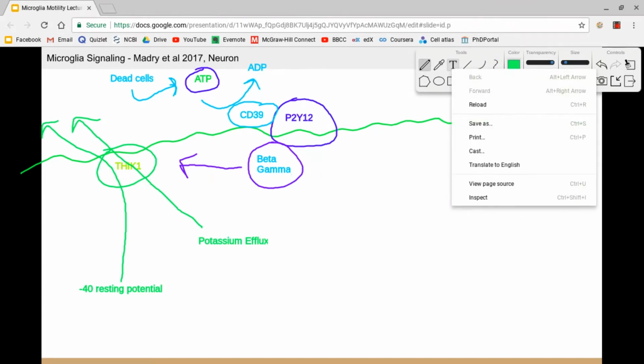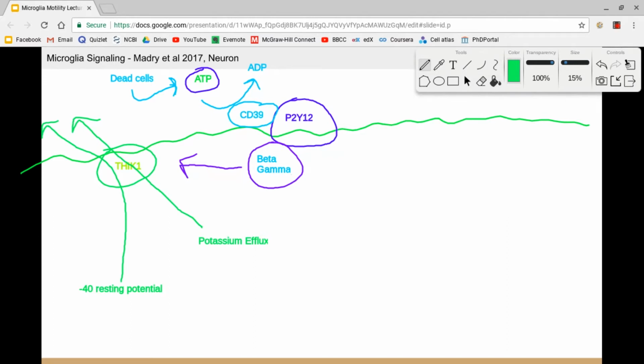And it's important for THIK1 to be semi-active even under baseline basal conditions because it helps maintain this -40 resting potential.